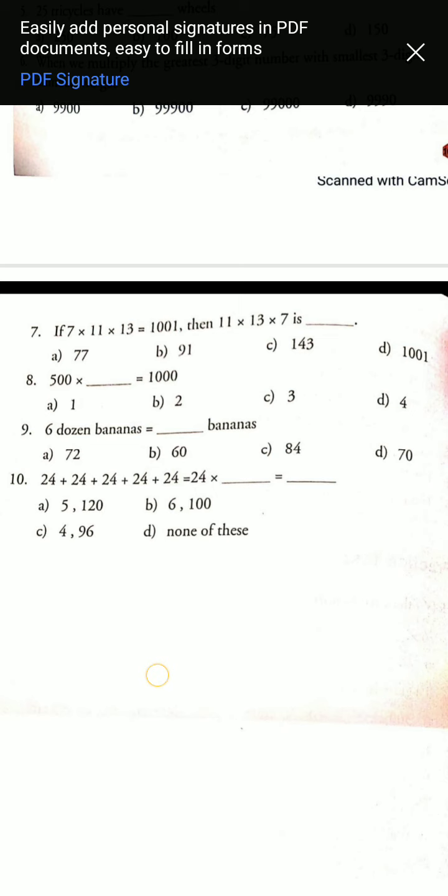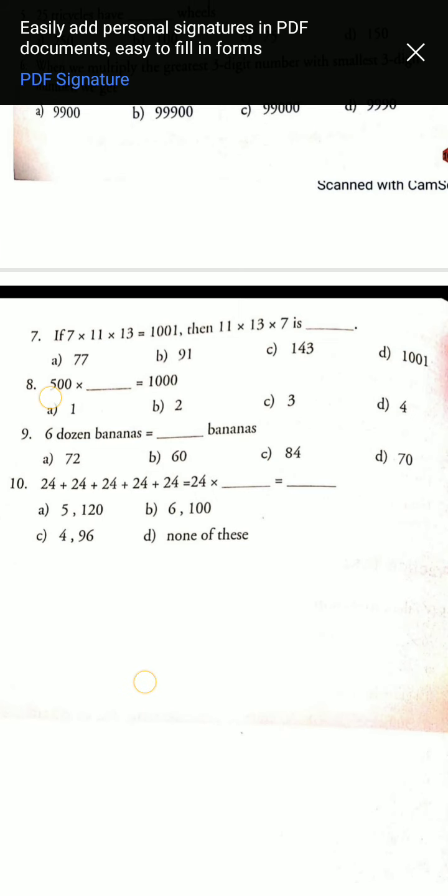Not got it? Listen. This is 500, this is 1000. We have to multiply 5000 by which number to get 1000. We know that multiplication with zeros is very easy. We have to calculate the multiplicand and multiplier in a very easy way.